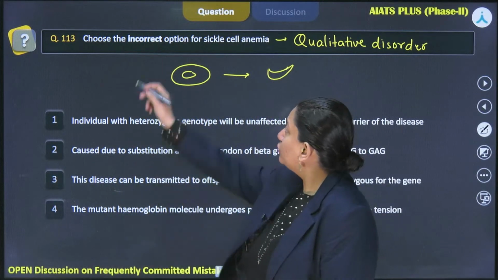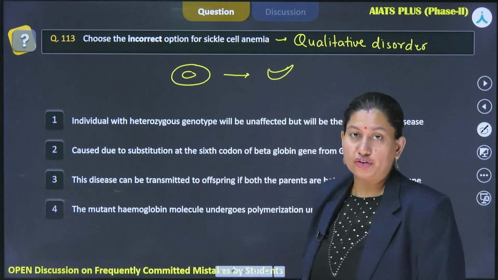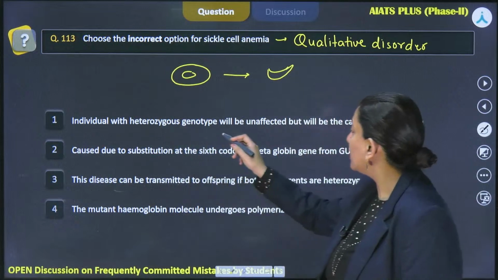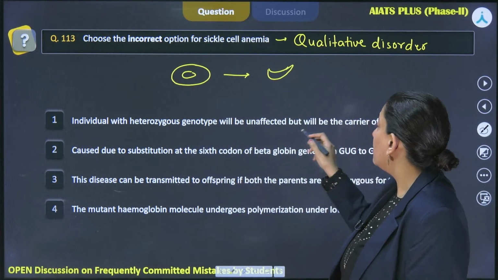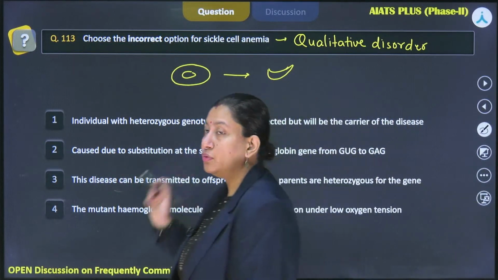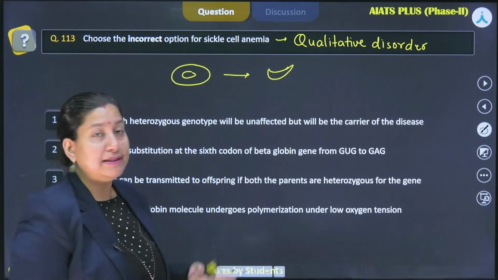So as we have to talk about sickle cell anemia, the statement that's not going to be true for sickle cell anemia. The first one over here says that an individual with heterozygous genotype will be unaffected but will be the carrier of the disease, right? In order to know about this, we should know what kind of inheritance pattern is shown by sickle cell anemia.